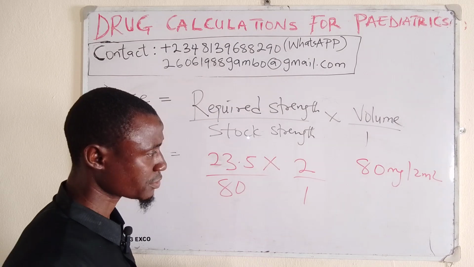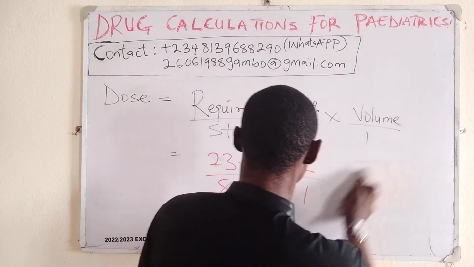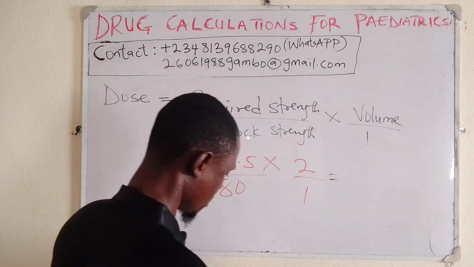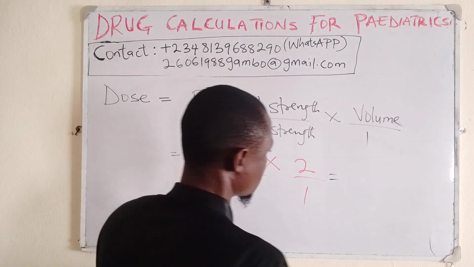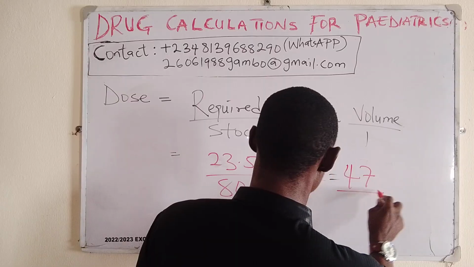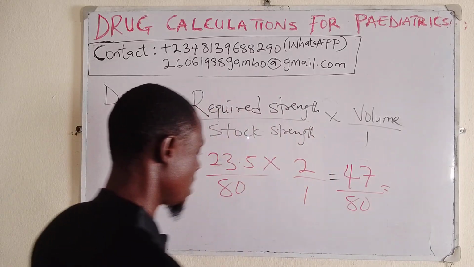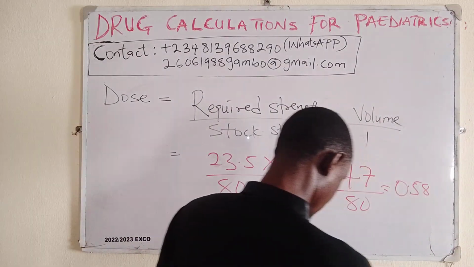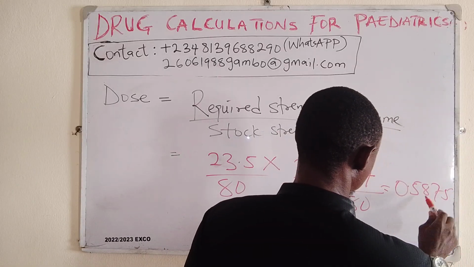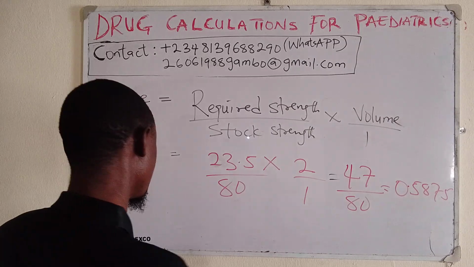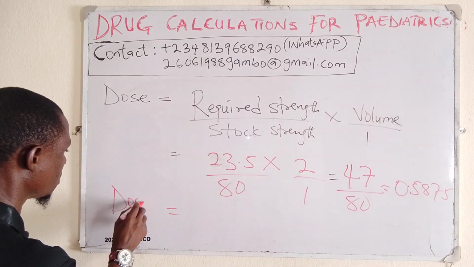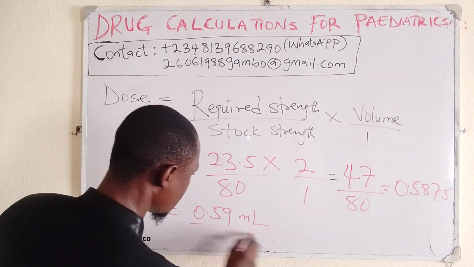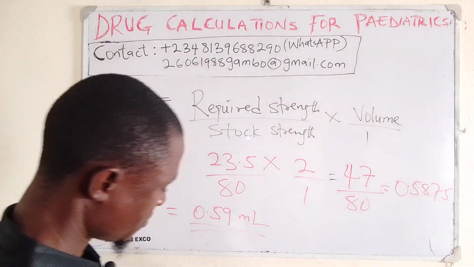So 23.5 multiplied by 2 gives us 47, and 47 over 80 gives us 0.5875. So approximately, the dose to be administered is 0.59 mil.